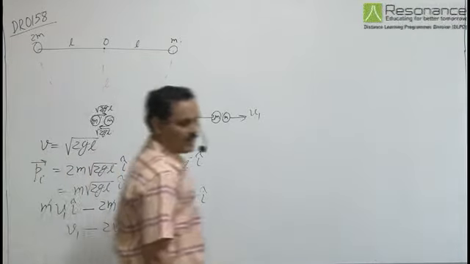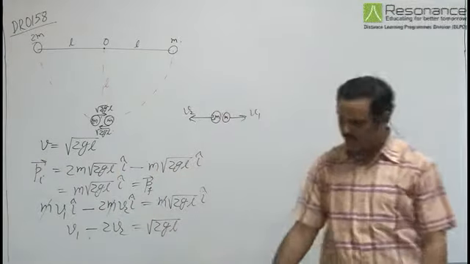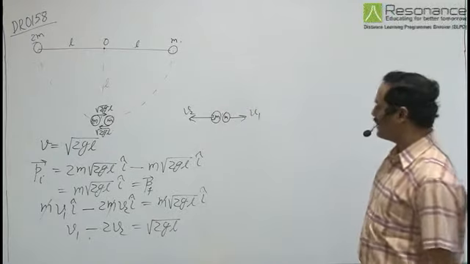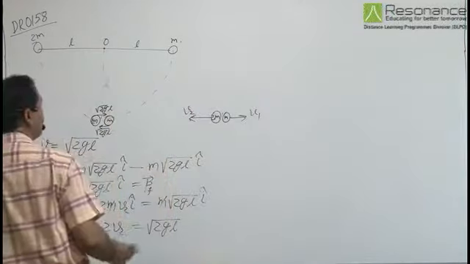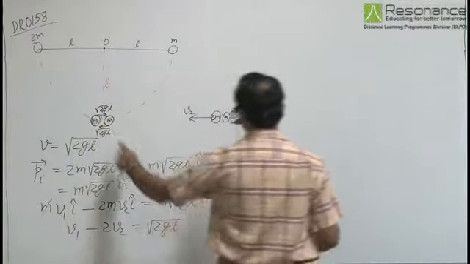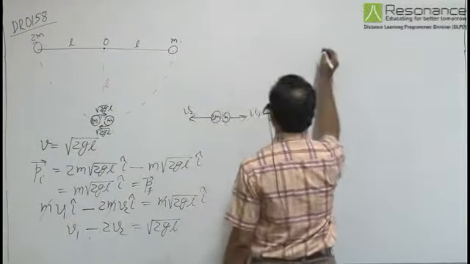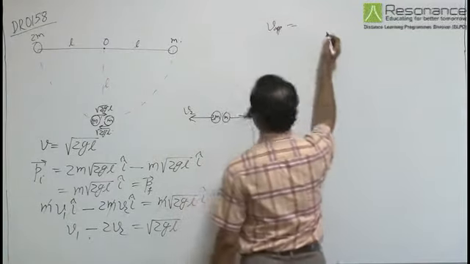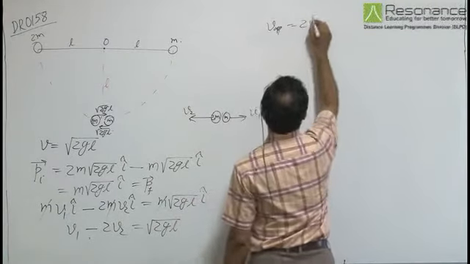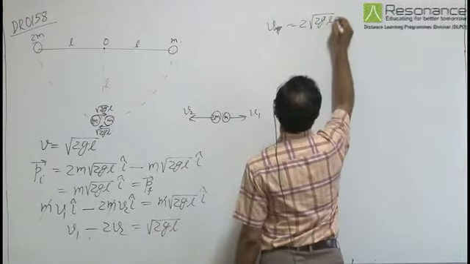Now, as the collision is said to be perfectly elastic, the velocities of approach and recede have to be equal. So first, velocity of approach is 2 into root 2gL.